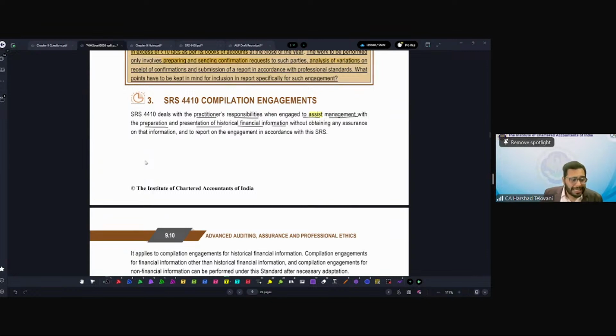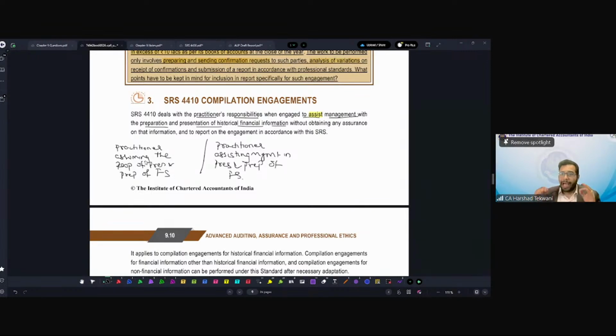One is the practitioner assuming the responsibility of presentation and preparation of the financial statements. The second is the practitioner assisting management in presentation and preparation of the financial statements.